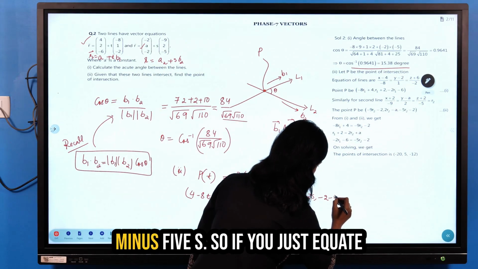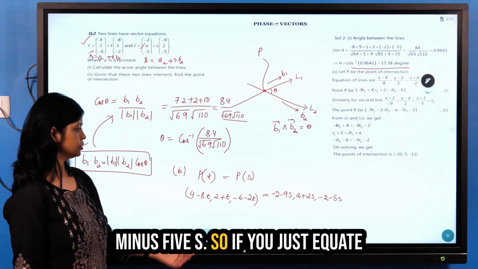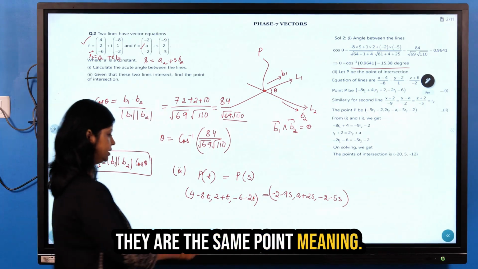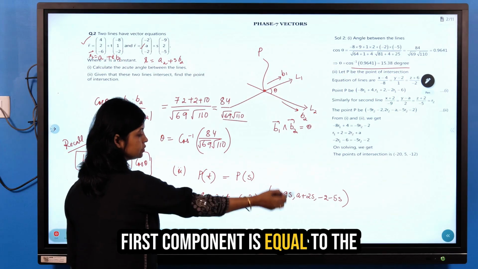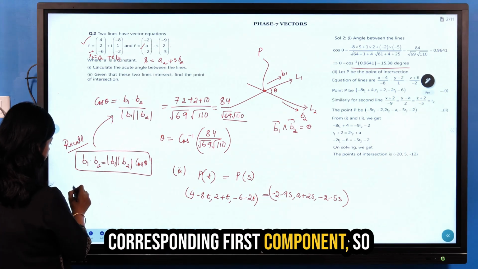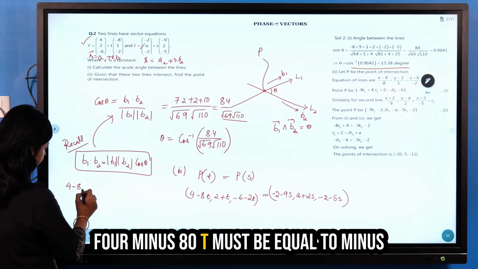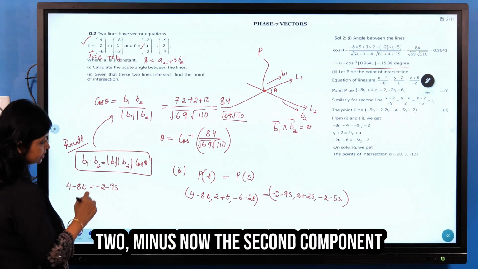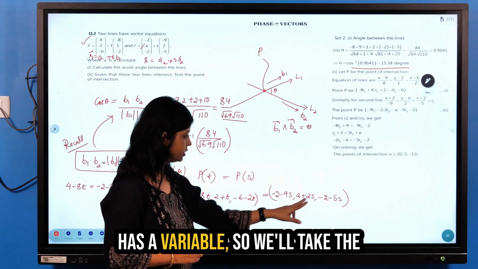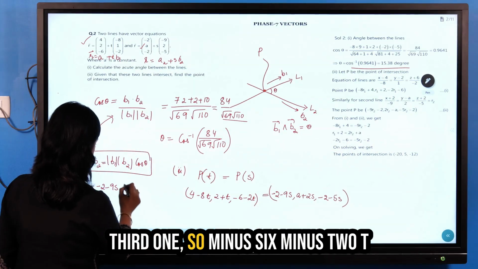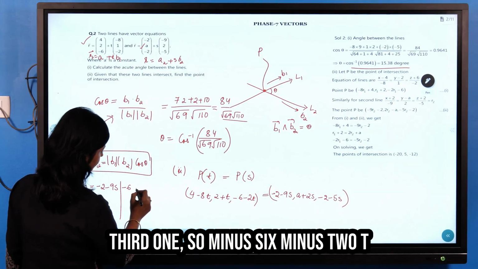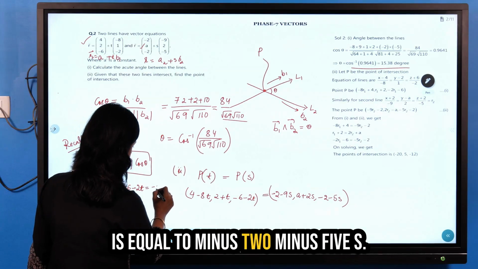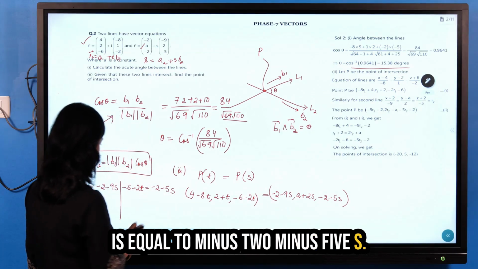If we equate the components, since they are the same point, the first component equals the corresponding first component. So 4 minus 8T must be equal to minus 2 minus 9S. Now the second component has a variable A, so we'll take the third one. So minus 6 minus 2T is equal to minus 2 minus 5S.